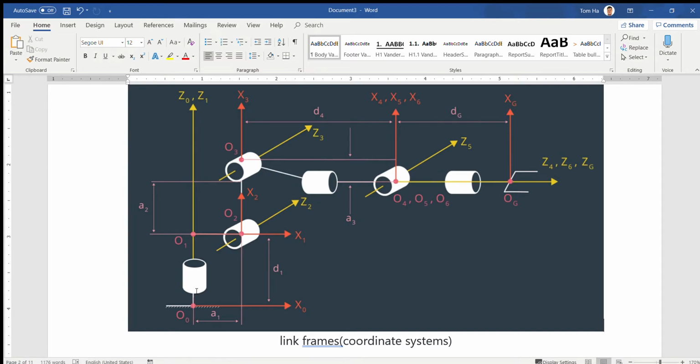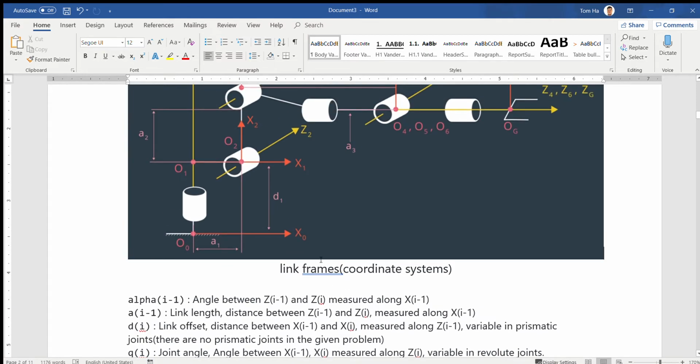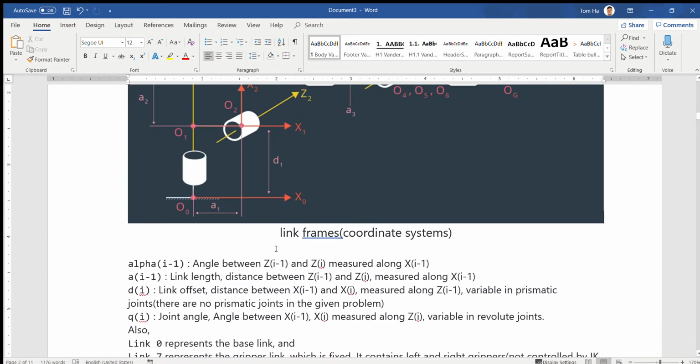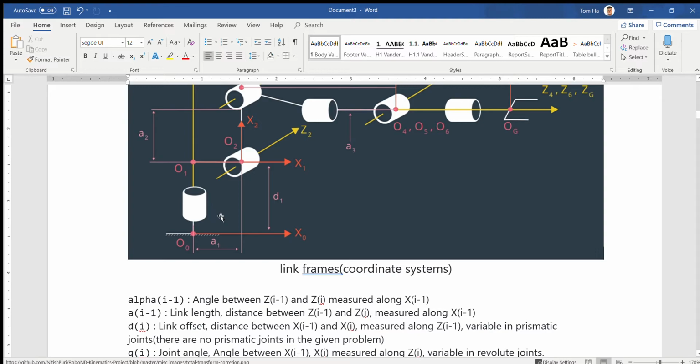How to know the Q1? Right here, Q1 means the angle between the S i minus 1 to Si. For example, Q1 means the S0 to S1, right? In this case, you see S0 S1 is parallel, but zone 1 itself rotates the Q1.